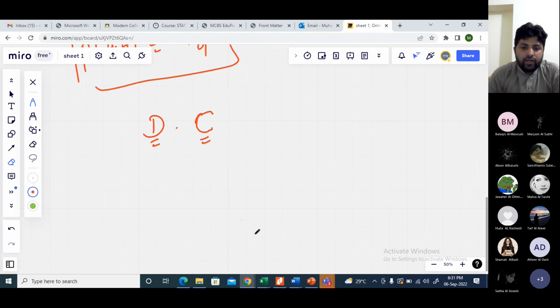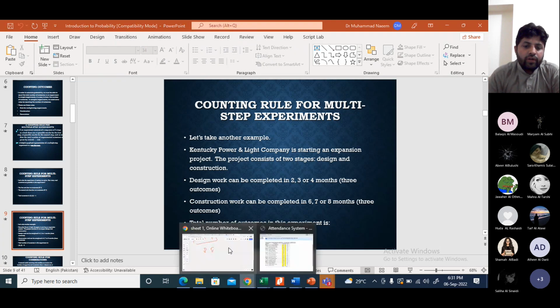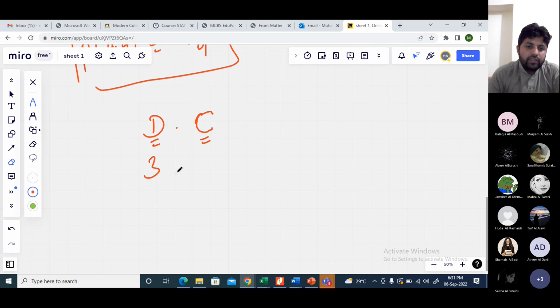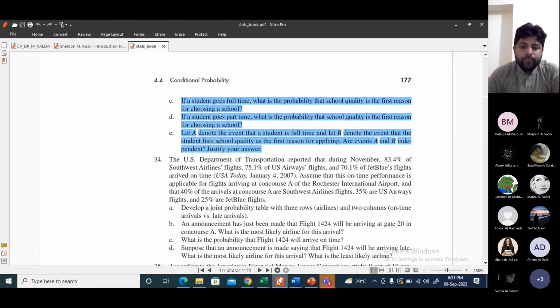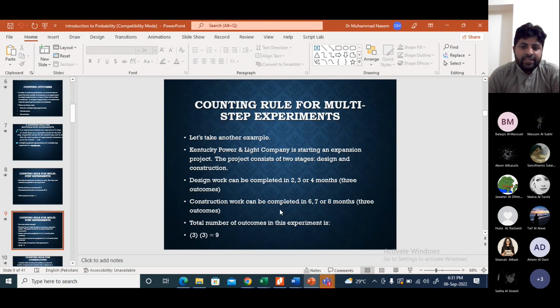So the design part has 1, 2, 3. The design part has 3 experimental outcomes, so we can write here 3. And the construction part also has 3 experimental outcomes, I mean 6, 7, 8.